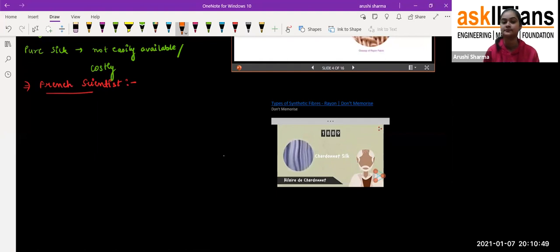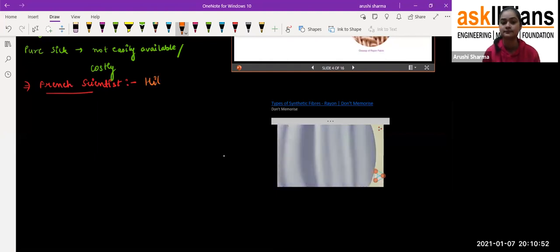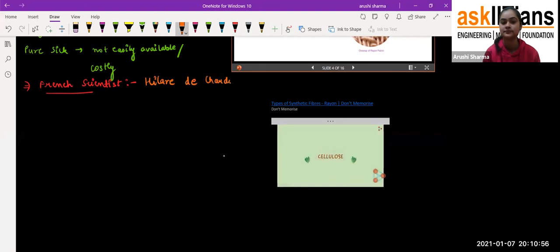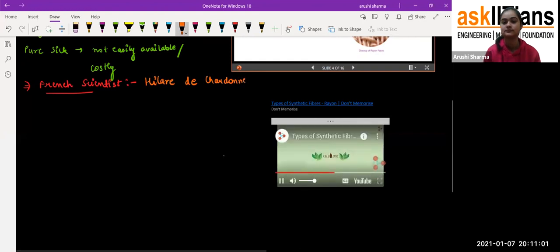But how do we exactly make such a beautiful fiber? The commencing material is cellulose. Wait a second. Cellulose is what we find in plants, right? Yes. Usually, wooden pulp is used as a source of cellulose.